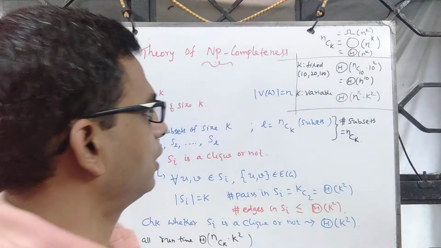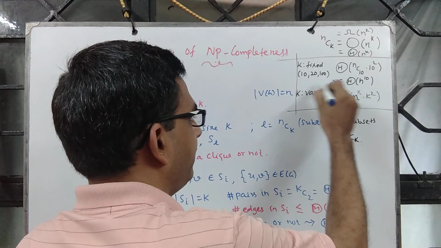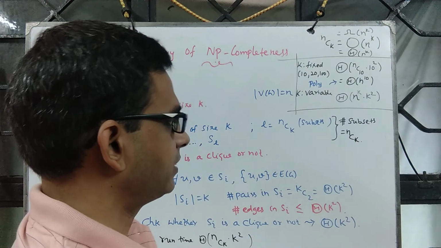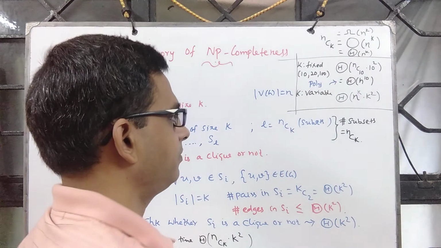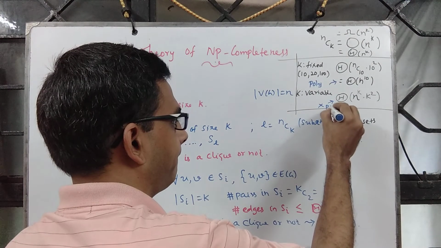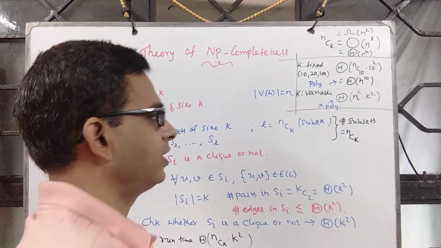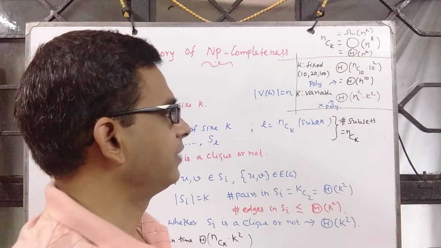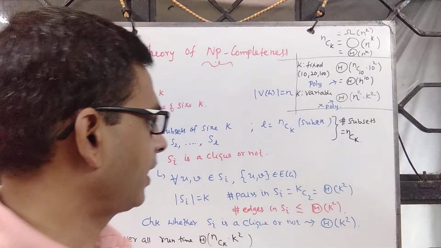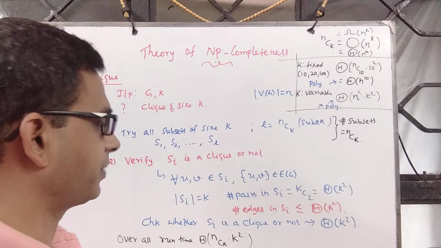So in this case it's poly, a deterministic polynomial time algorithm. This one is not poly. Because if k is root n, then it is n power root n. If k is n by 2, then it is n power n by 2, and there are additional factors like root n square and n by 2 the whole square and so on.